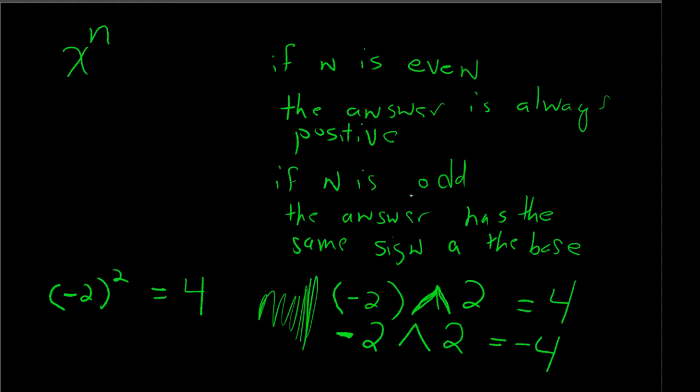If the power is odd, the answer has the same sign as the base. The parentheses play a very important role because order of operations comes in here. And we can think of -2 as -1 times 2. And so if I want to square everything, I have to put it in parentheses. But we don't write that -1 out front. And so that negative sign is not attached to that number unless we trap it in the parentheses.